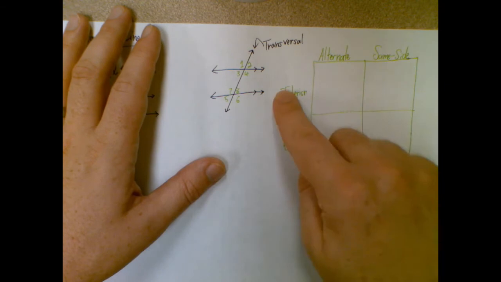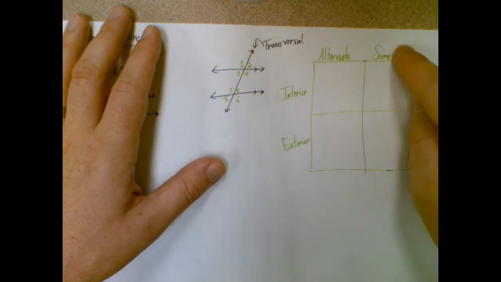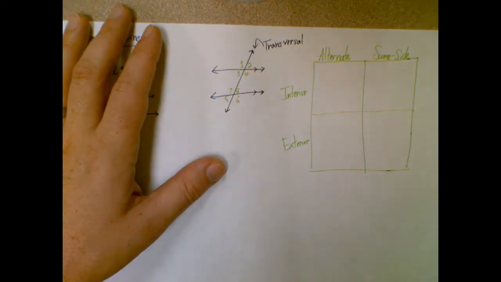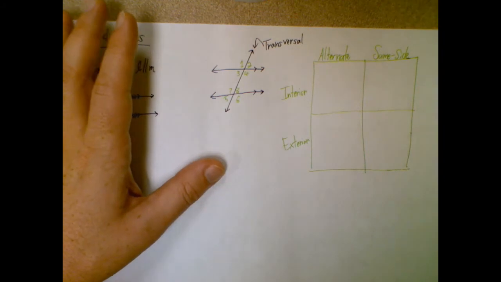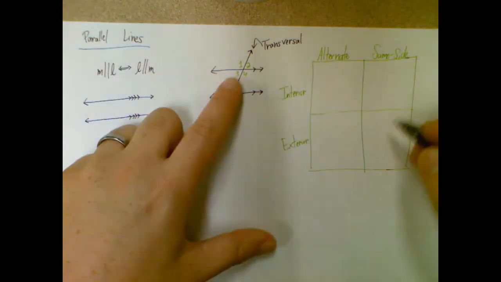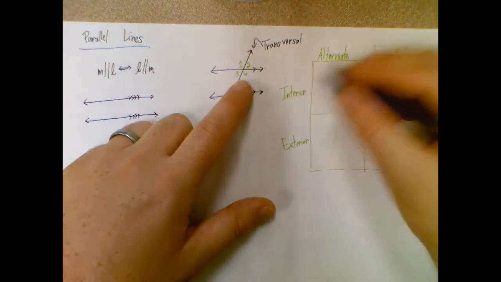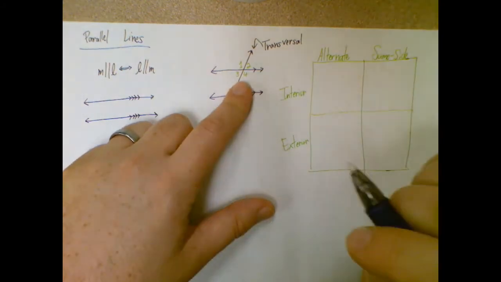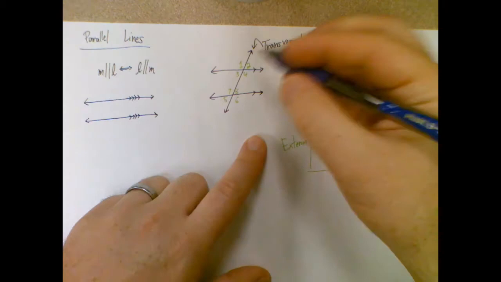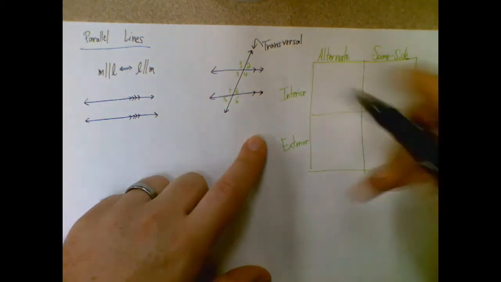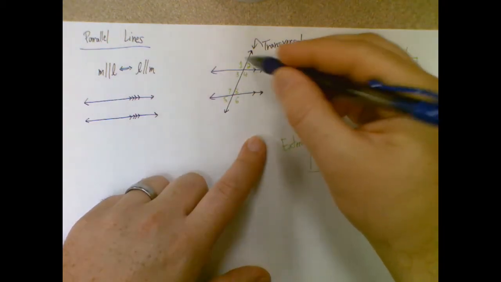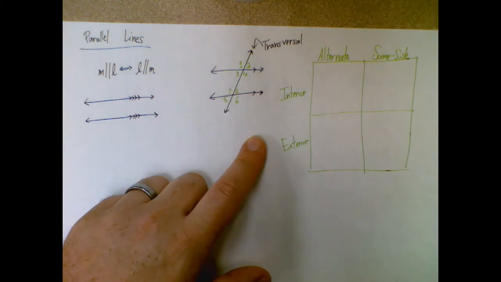This one will be same side interior angles. This will be alternate exterior or same side exterior angles. So you're going to need both of those words to describe our sets of angles. Before we do that, one other thing important to note here is for this entire diagram, we need one angle from our top and one angle from our bottom to make our pairs.